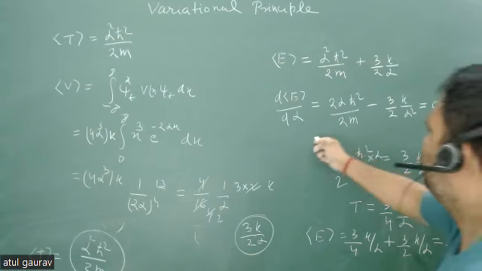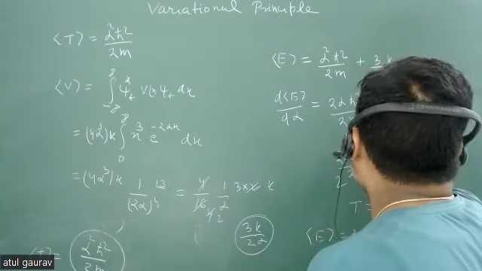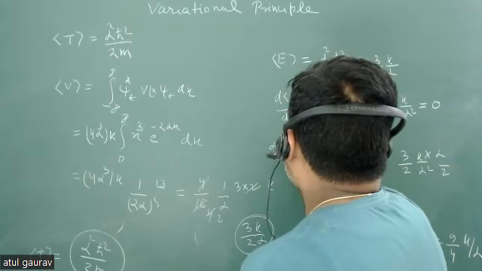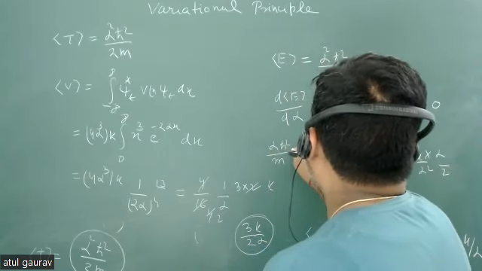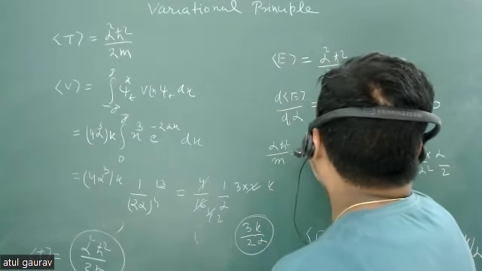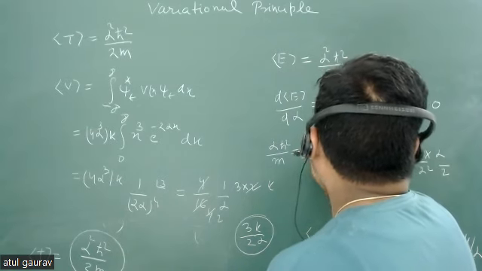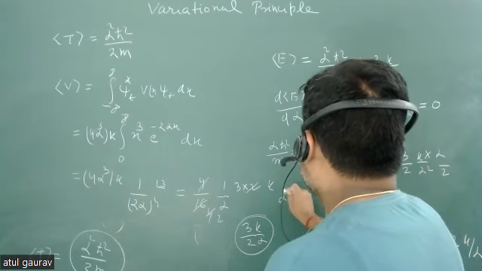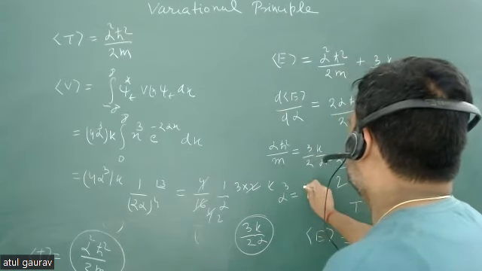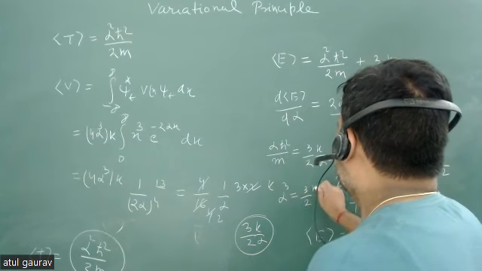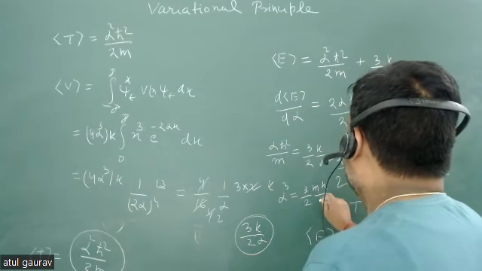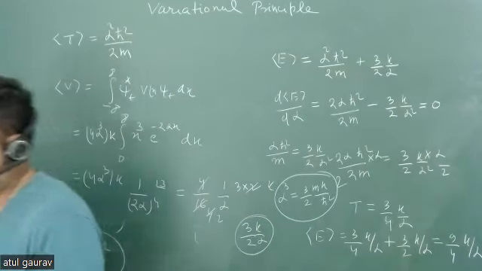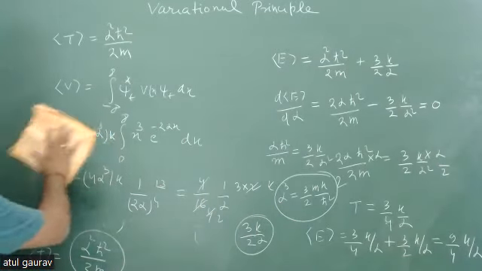So what is the value of alpha here? Can you calculate it? So you have alpha h cut square upon m must be equal to 3 by 2 k upon alpha square. So your alpha cube is equal to 3 by 2 mk upon h cut square. Now we can put in the value and get the final solution.